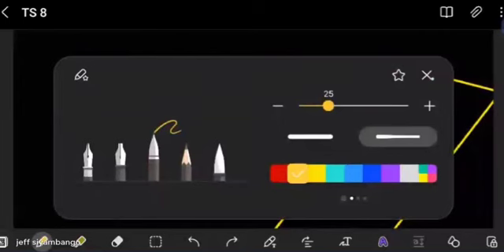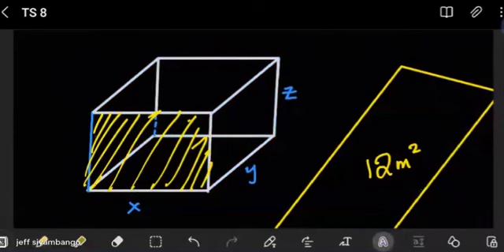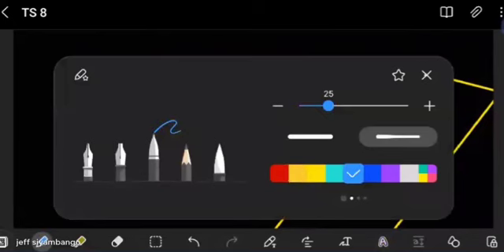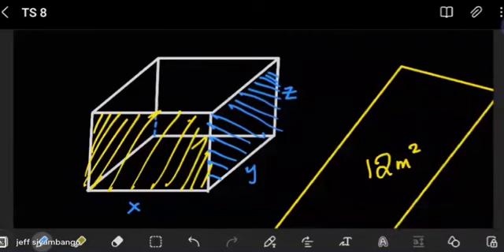This part here will have its own area as well, but it has to be made twice because it has to match this. It's the same piece on that side. This yellow one as well is made twice. One piece is this side, the other piece is that side.